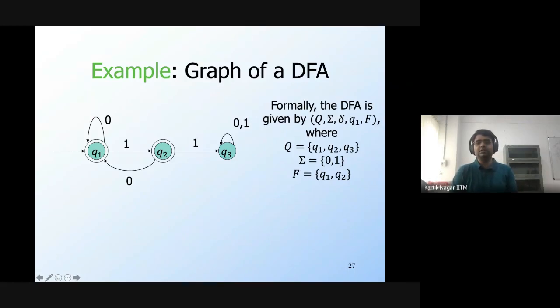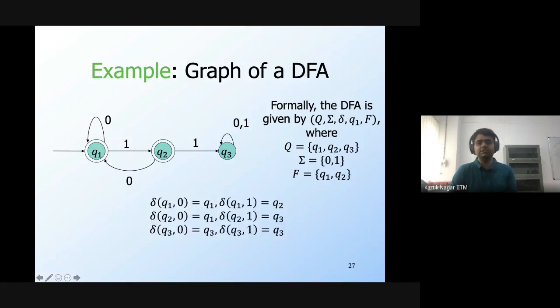Now let's look at the transition function. The transition function is defined for every pair of a state and a symbol. So in this case, you have to define delta for Q1 0, Q1 1, Q2 0, Q2 1, Q3 0, and Q3 1. You can directly see what delta is for each of these pairs from the graph itself.